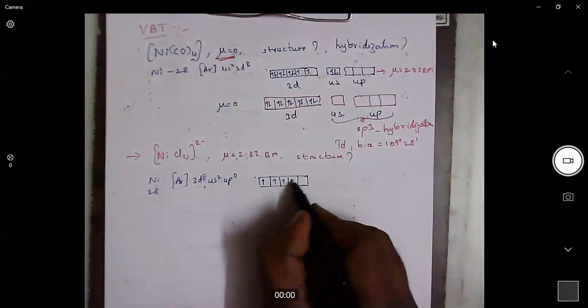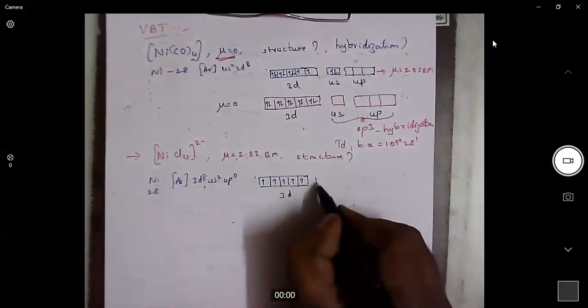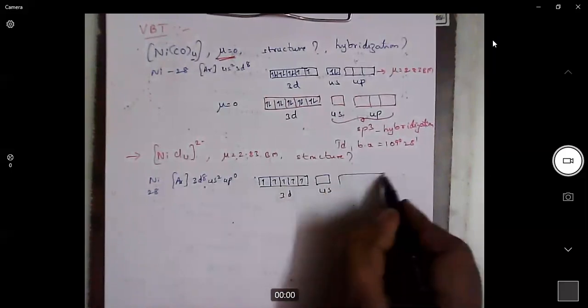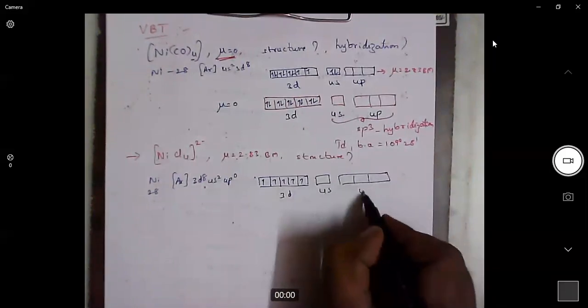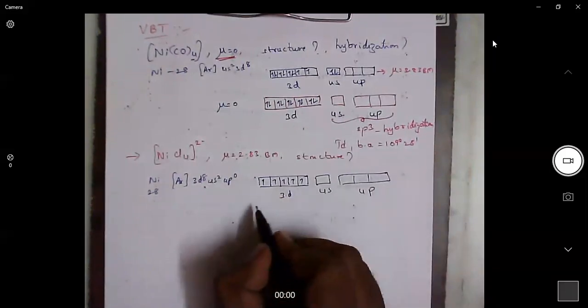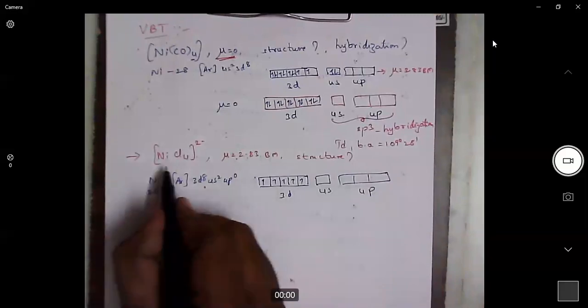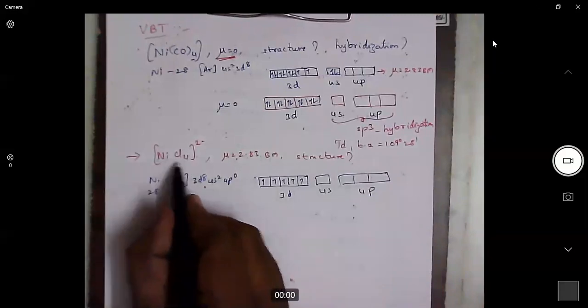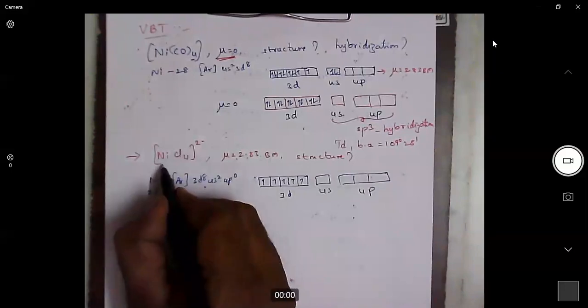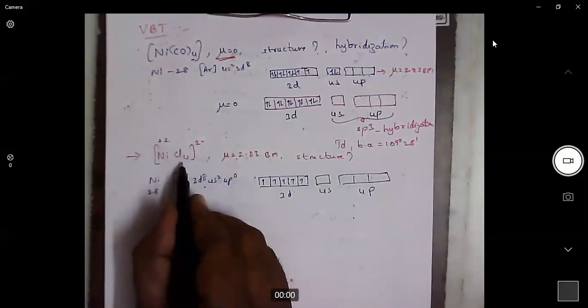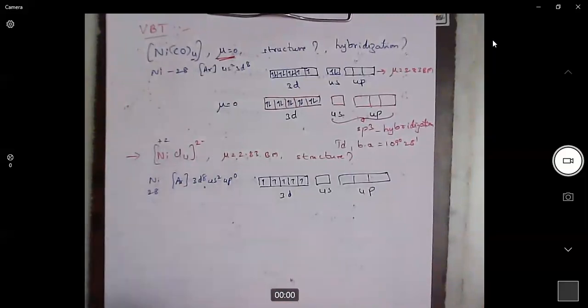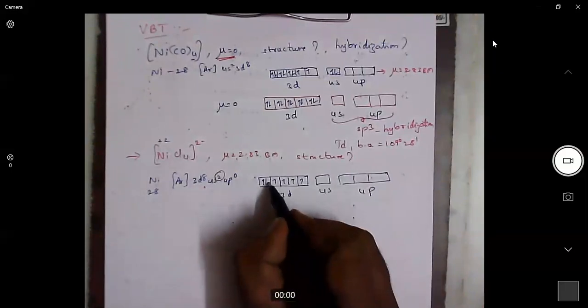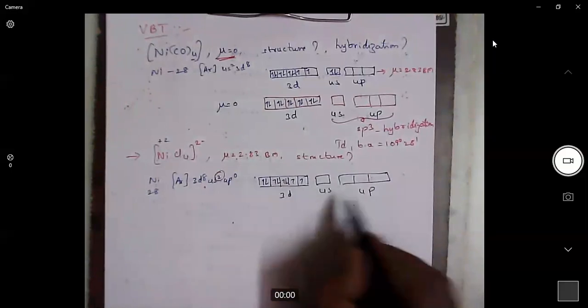Here in tetrachloronickel(II), nickel is in +2 oxidation state because there are 4 chlorines. In +2 oxidation state, we will take out these 2 electrons. So it is only 3d8, 4s0, 4p0.